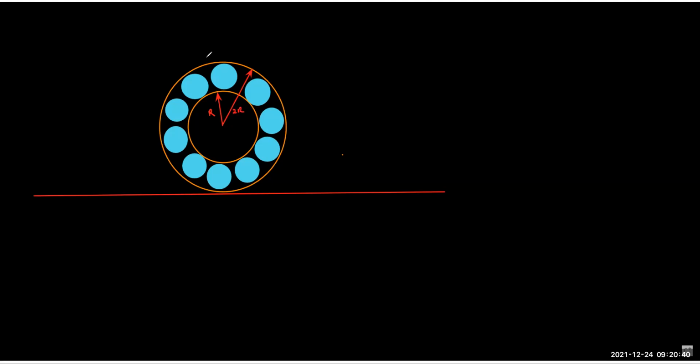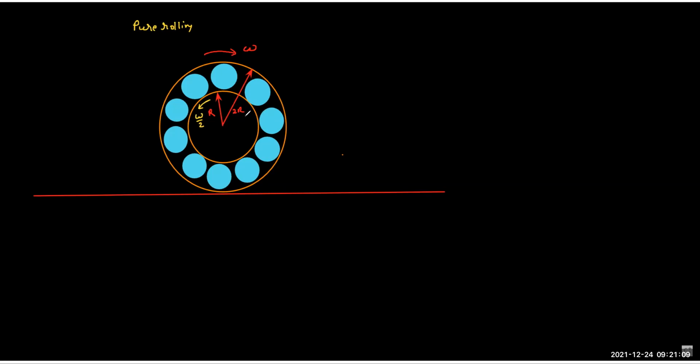So now imagine this is moving on a surface with angular speed omega, and this is the case of pure rolling. And it is also given that the inner ring is moving with angular velocity omega. These are the two omegas given, and everything else is given to you.